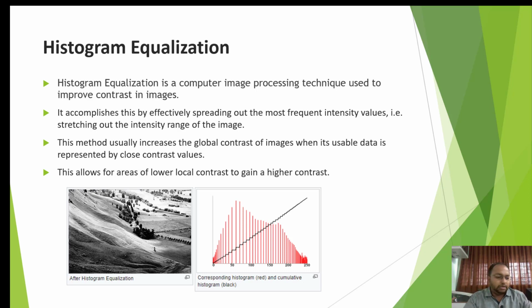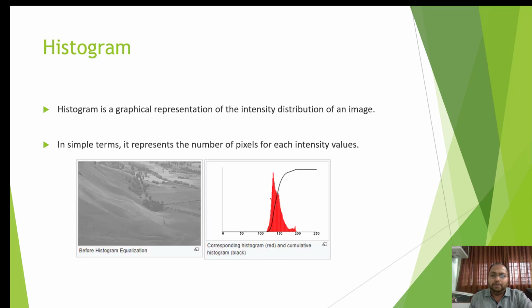In this figure, if you compare it with the previous image, the gray level intensities are more dense in this particular range.